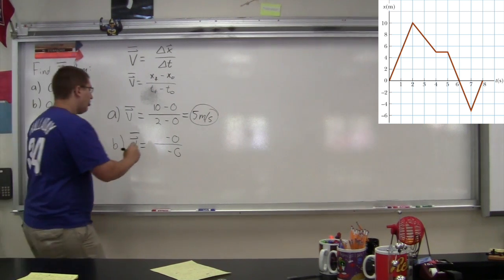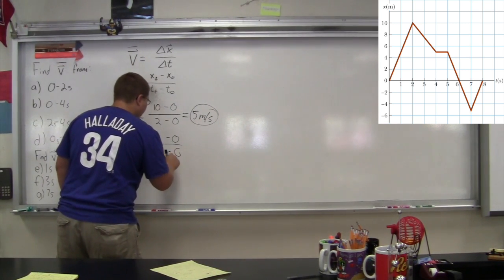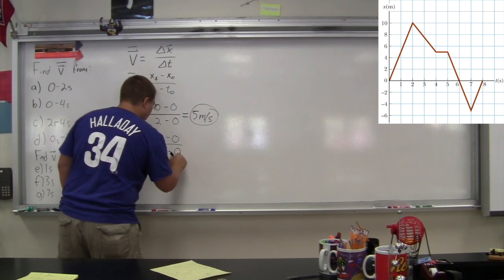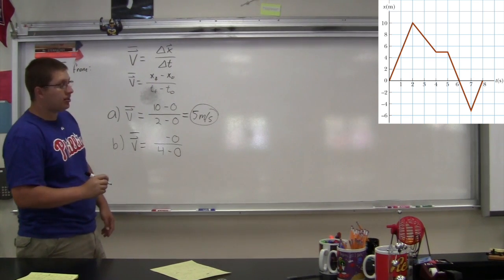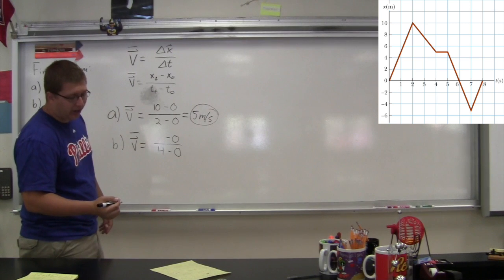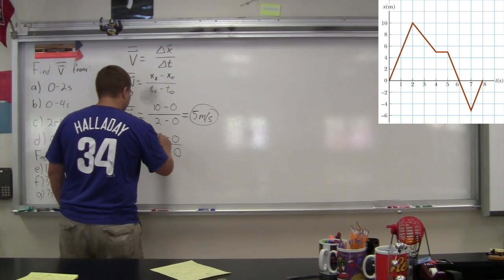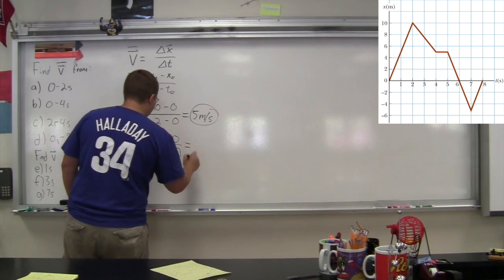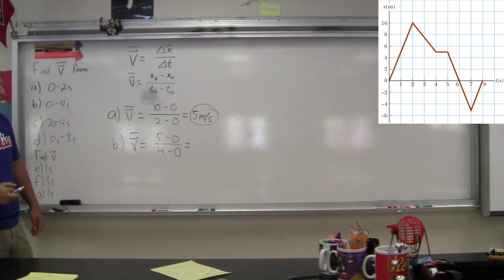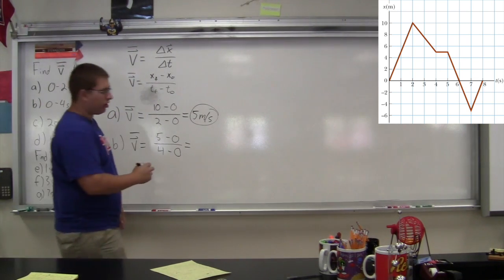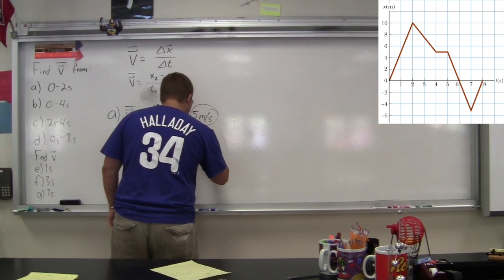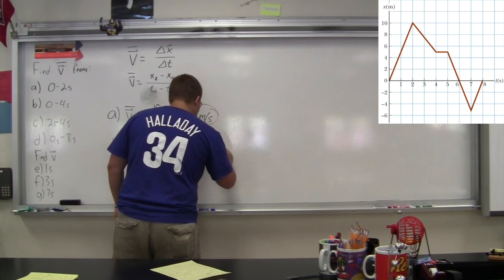However, now it's going to go for 4 seconds, so from 0 to 4. And at 4 seconds, if you take a look at the graph, it looks like it's at 5 meters. So the zeros once again go away. You should get 1.25 meters per second.